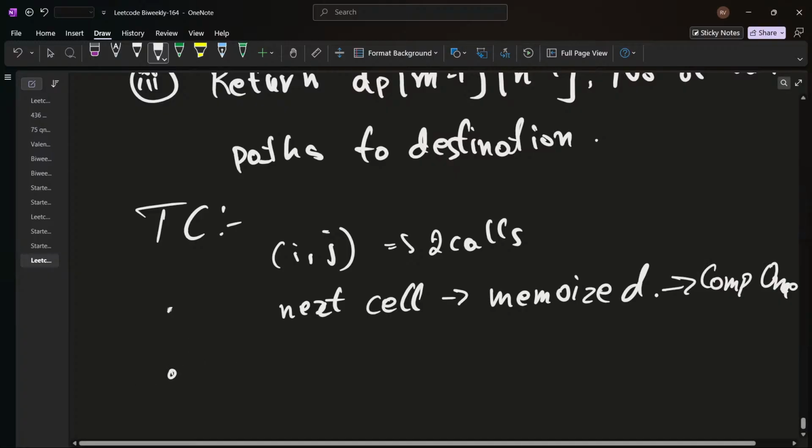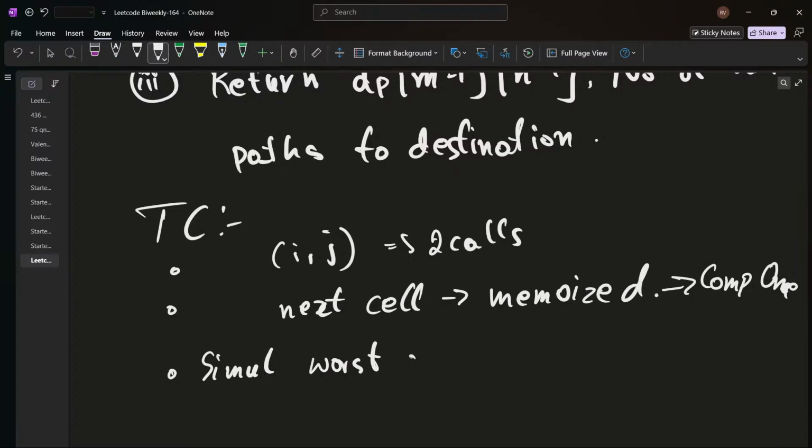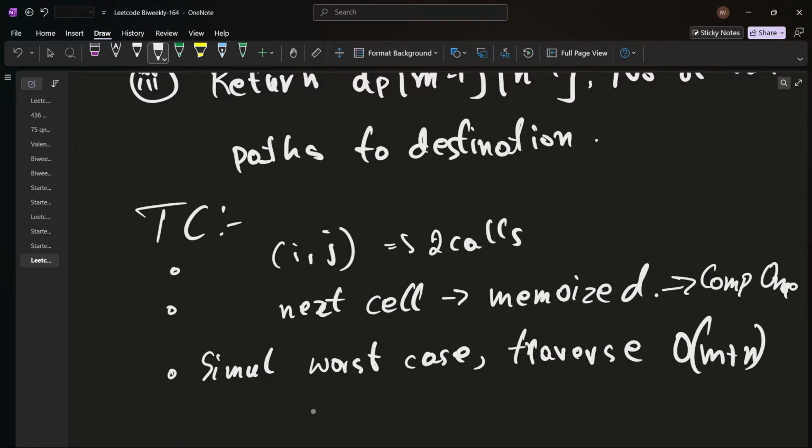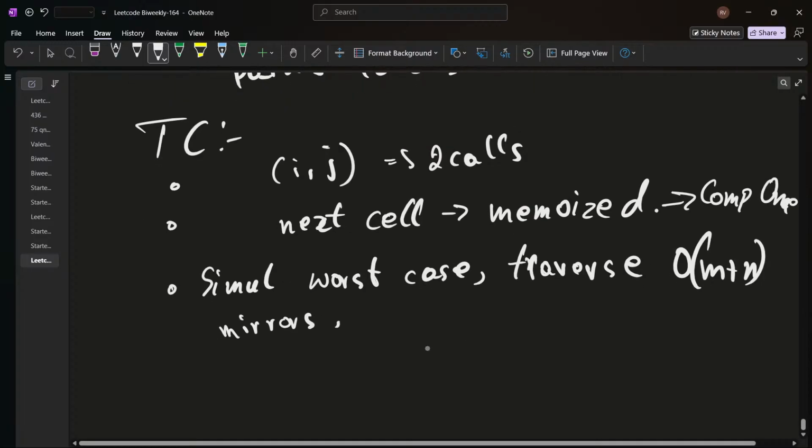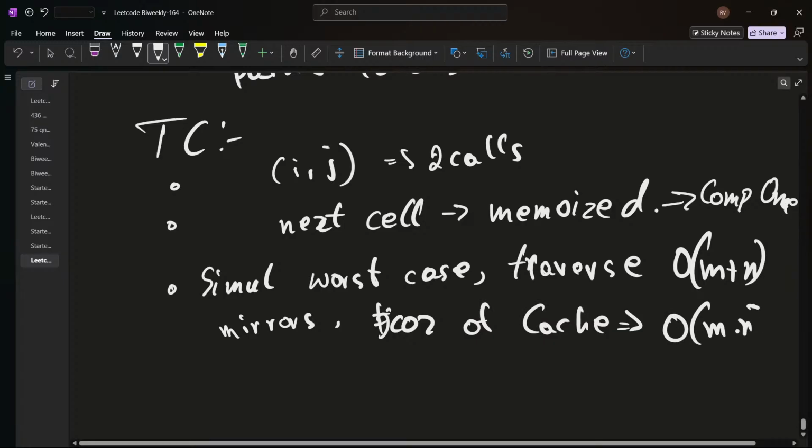In the worst case, the simulation traverses O of m plus n mirrors, but since caching is there, the total work comes down to O of m into n.